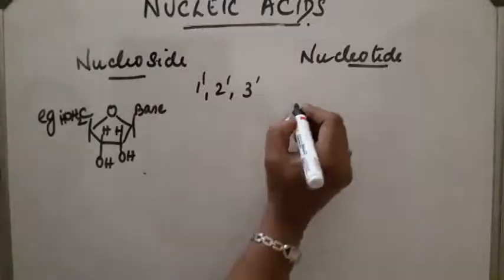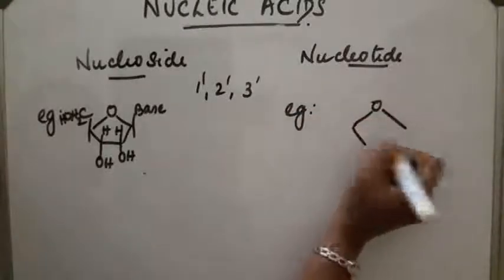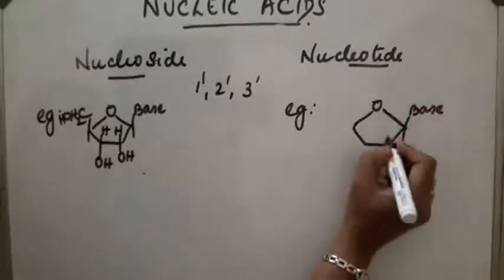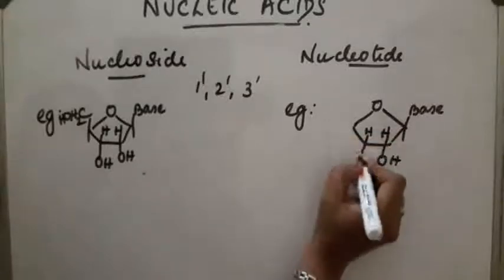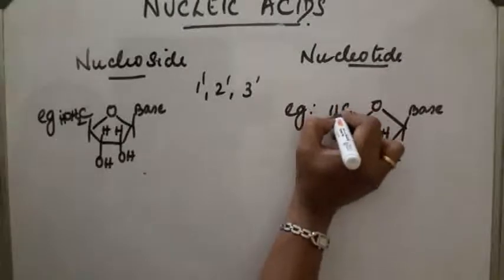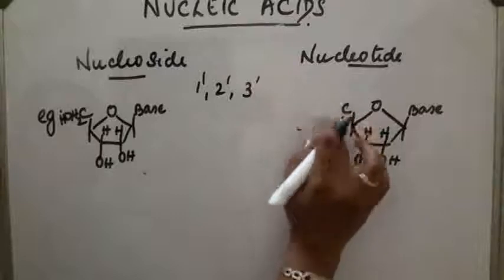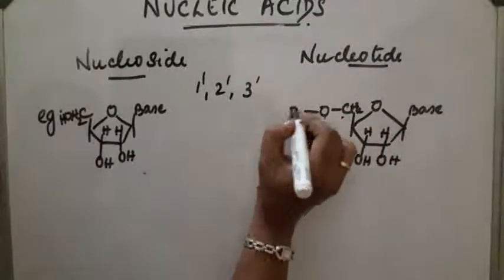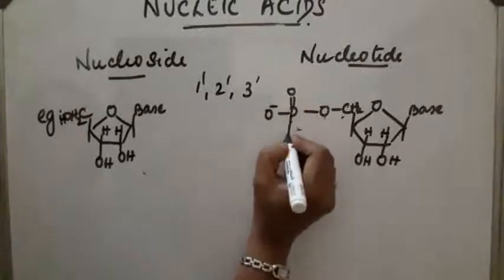See the example. Like this, the base will be at the 1 dash position, then CH2, oxygen, and the phosphoric acid group is attached here.